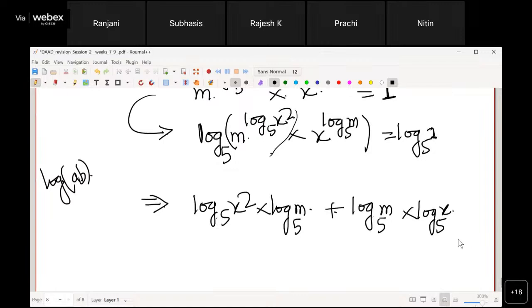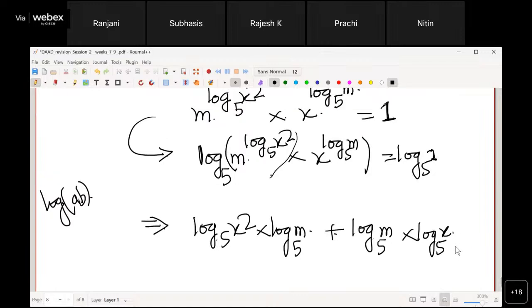Is it clear till now, or have you missed anything? Yeah. When there's an exponent, you take it outside. And what is this value? That will be equal to 0. Yes, correct.